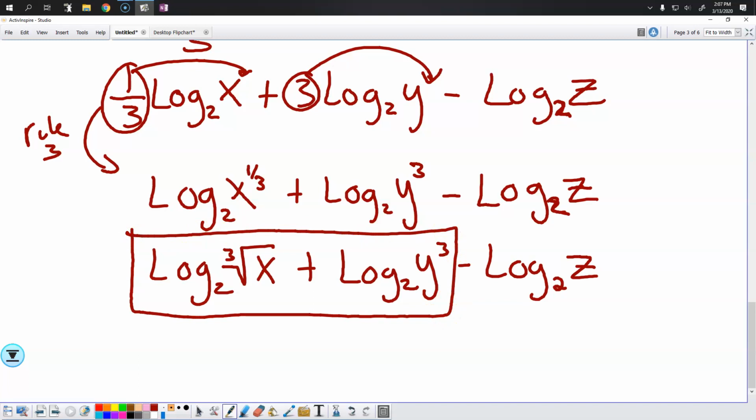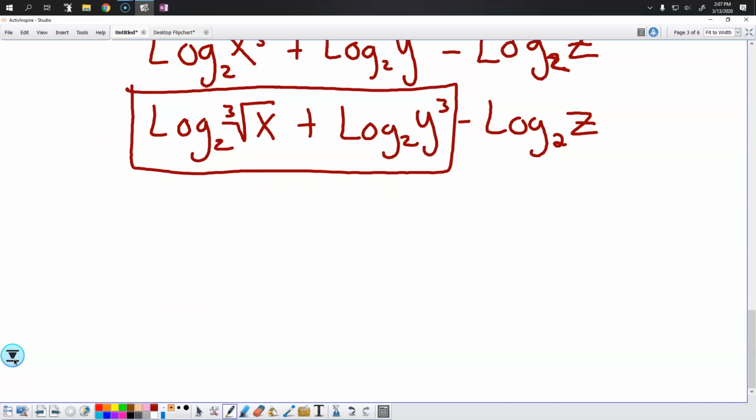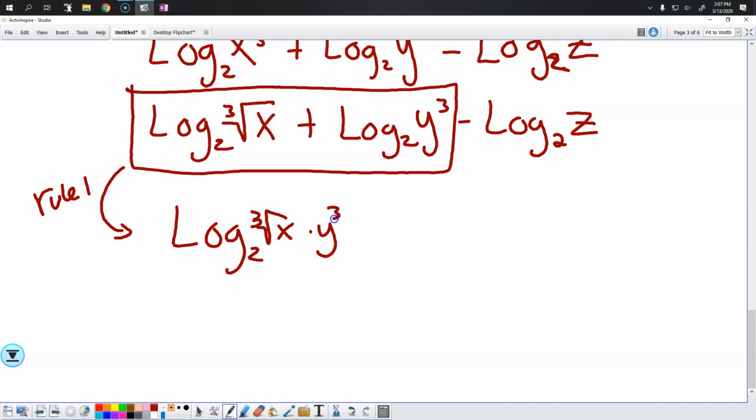What rule is that? That's Rule 1. So if I were to put those together, what would I do? I would write one log, right? And what would I put next to it now? Cube root of x, not plus though, times y cubed, right? Because we multiply them. And bring this other guy down, right? We haven't done anything with that yet.